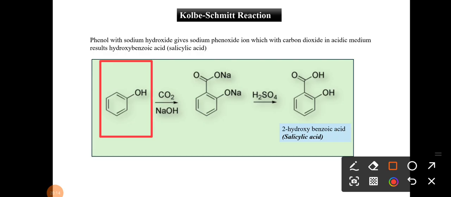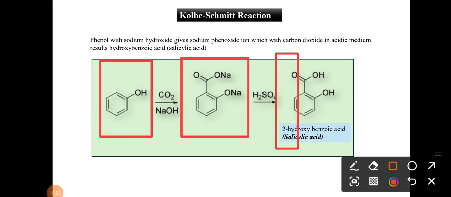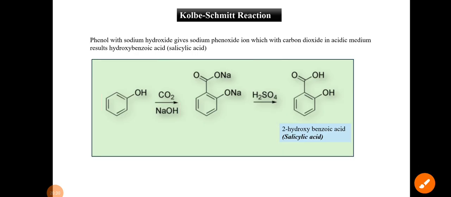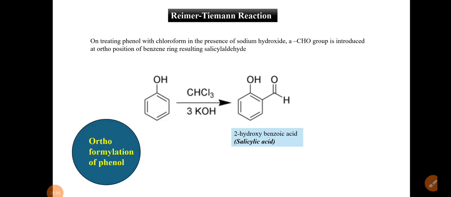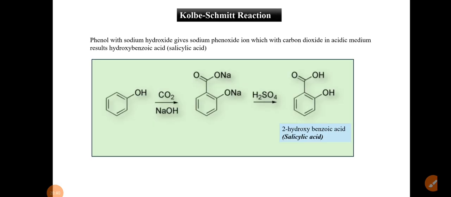That phenoxide ion again reacts with CO2, and then this compound forms. Then you treat with H2SO4 and you get 2-hydroxybenzoic acid or salicylic acid. There are two reactions forming salicylic acid: one is the Kolbe-Schmitt reaction, and the other is the Reimer-Tiemann reaction. Please remember these two reactions, and the product in both is salicylic acid.